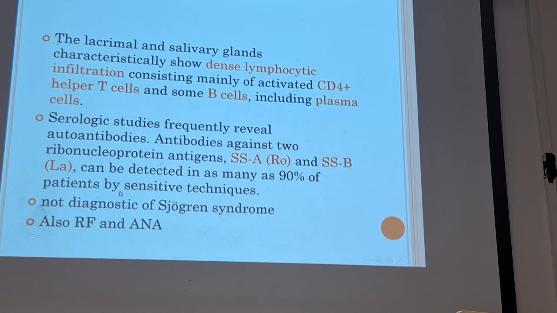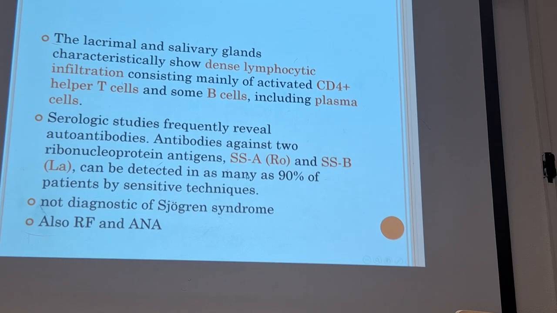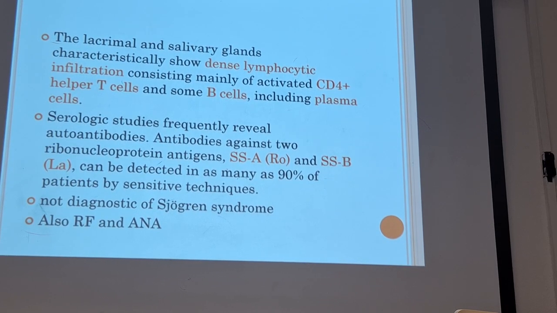We also had SSA in lupus. Because we have SSA and SSB in other autoimmune diseases, these are not diagnostic for Sjogren. And in Sjogren, you may also see positive ANA, positive RF.